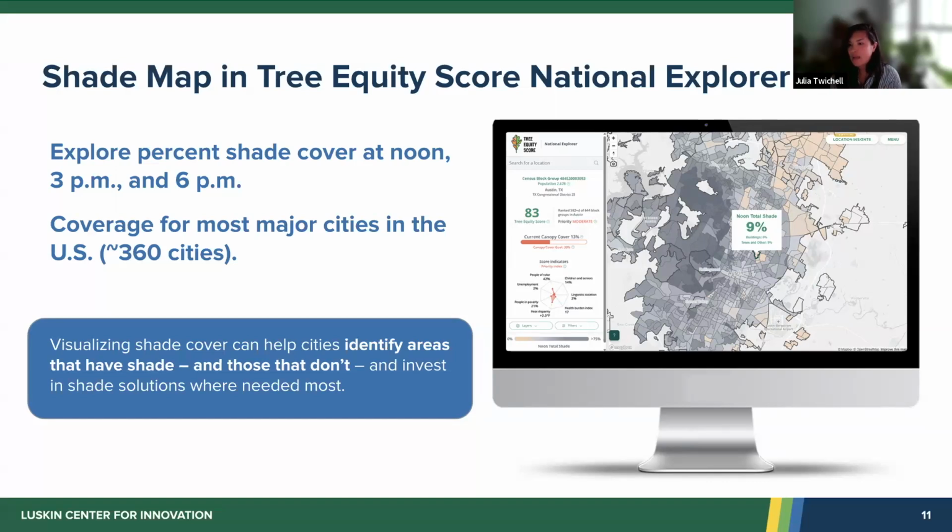So for the first time, we're really visualizing neighborhood level shade cover for most of the major cities in the US, and being able to look at your city and identify neighborhoods that have a lot of shade and those that don't. And that's going to help to invest in shade solutions in areas of the greatest need and to more equitably tackle issues around extreme heat and climate justice. So we can go to the next slide.